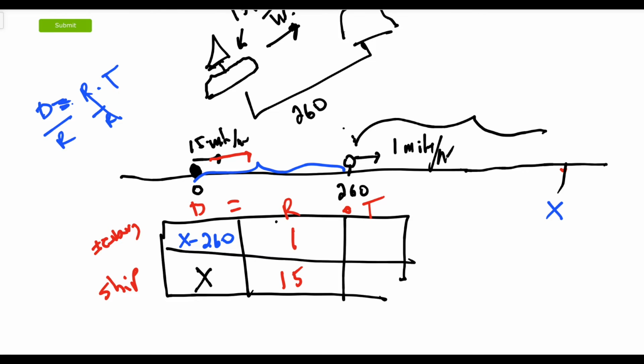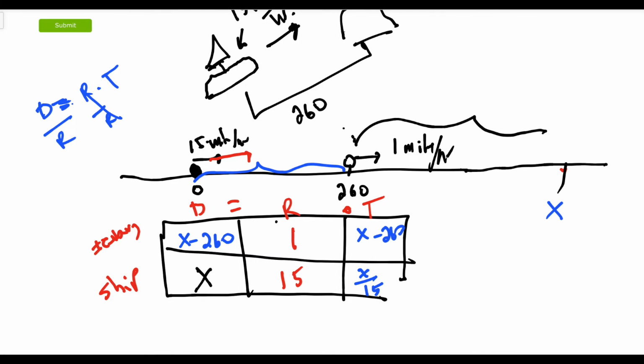So time is equal to d over r. Here, that's x minus 260 over 1, which is just x minus 260. Then what would the time be over here? It would be x over 15. Correct.